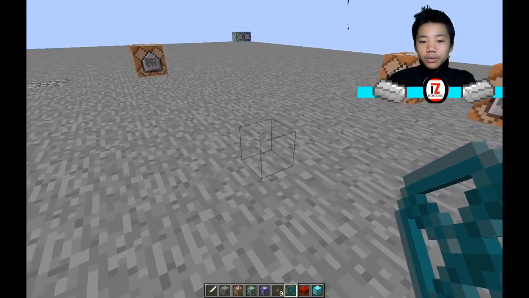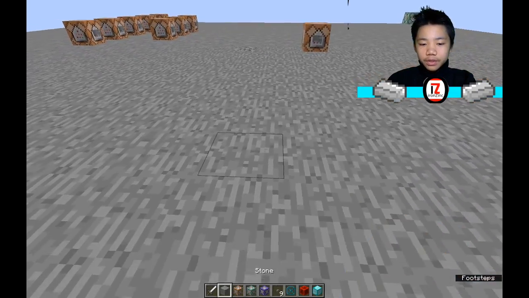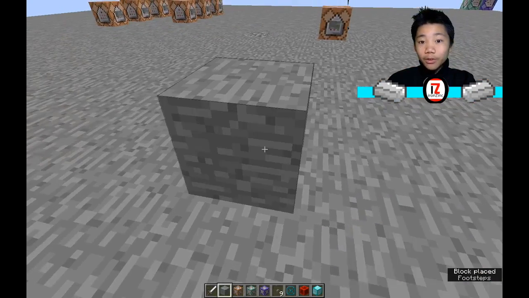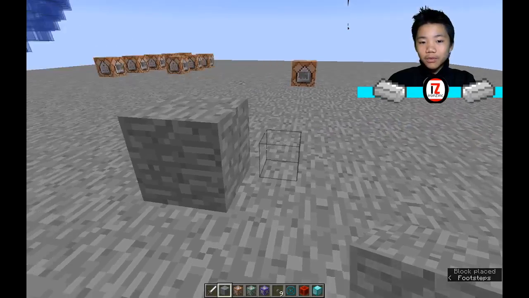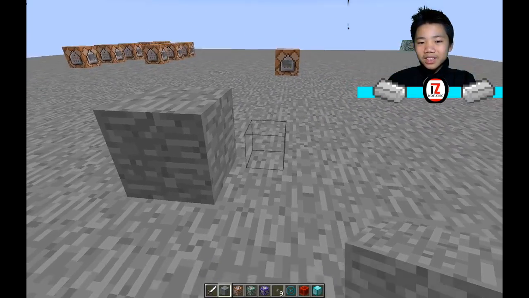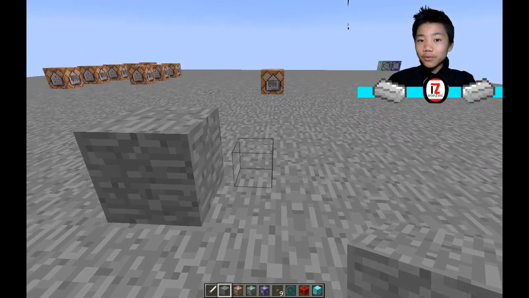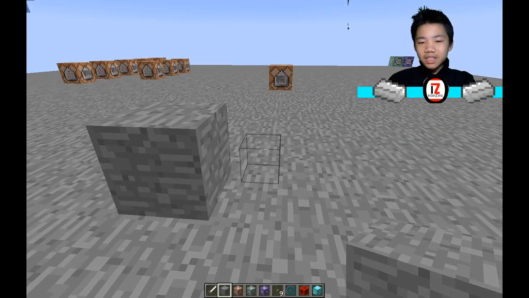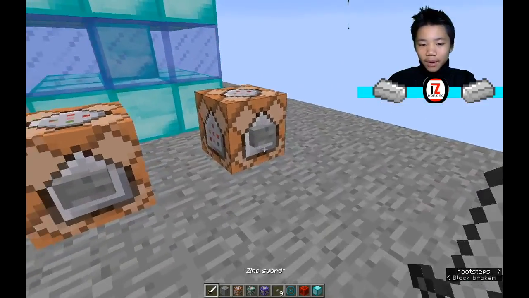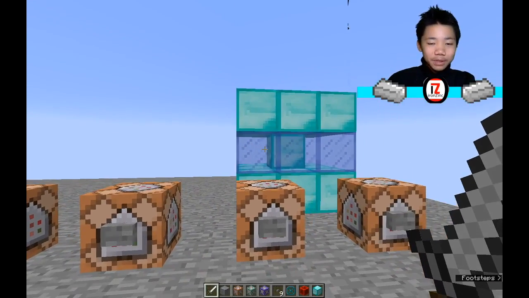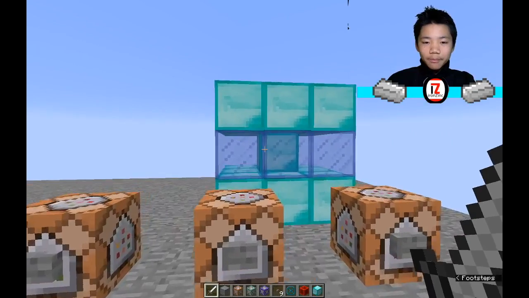If I clone this structure void block over to this stone block, because there's nothing in there, the stone takes up the void. So this creates sort of a vacuum. Anyways, we can also do that without placing structure void blocks everywhere.